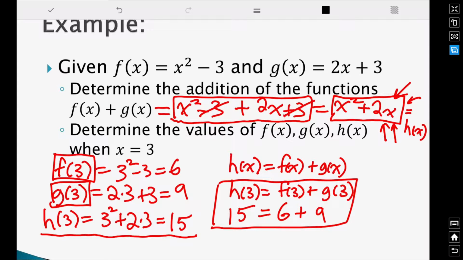Graphically, what this basically means is that h of x, you take just the two functions and you basically just add them together. And I can show you that.